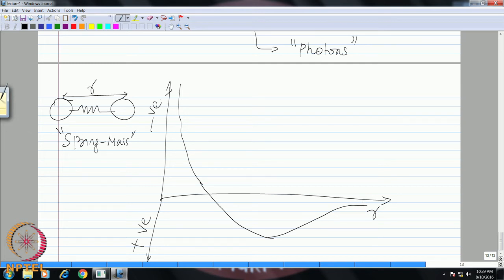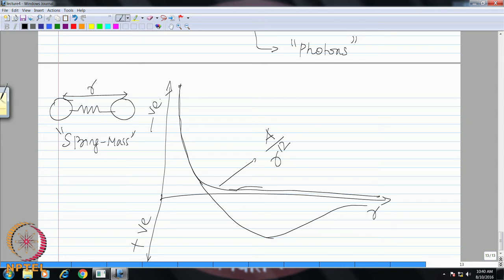The repulsive part is described by a curve which goes to an asymptotic value. This is given by a constant A divided by r to the power 12.